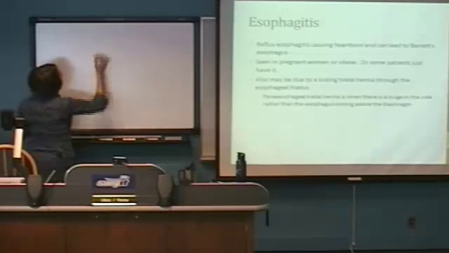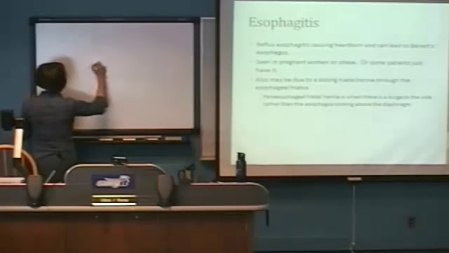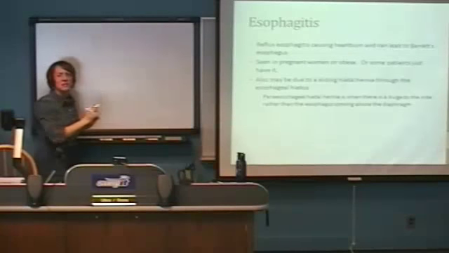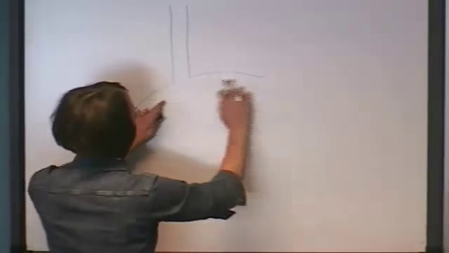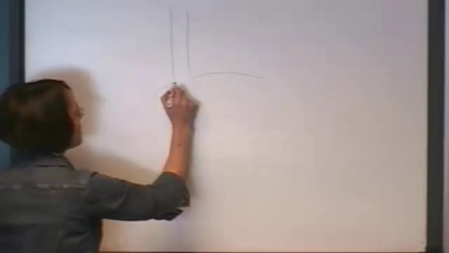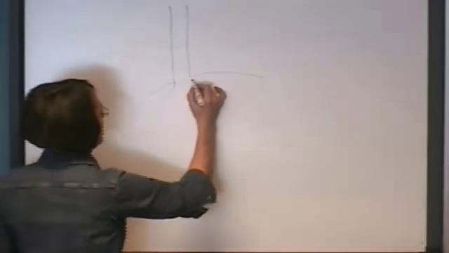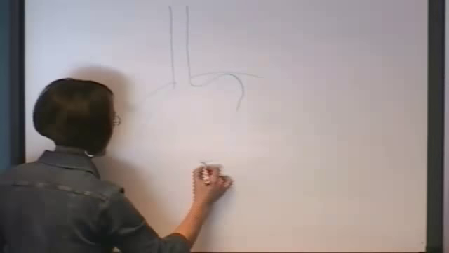So what happens is down along the esophagus. So here's the esophagus. We've got the esophagus, we've got the diaphragm, and then right here at the cardiac portion of the stomach, remember that fundus, right? And then we have the body.